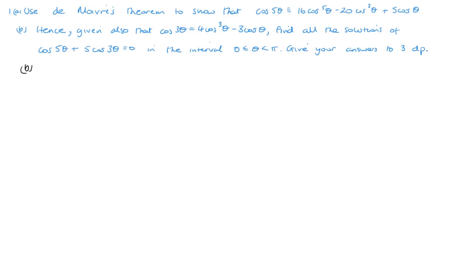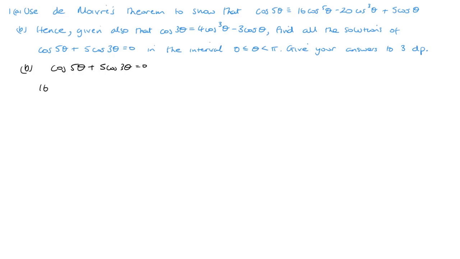So part B says, hence, given that also cos 3 theta is that, find all the solutions of cos 5 theta plus 5 cos 3 theta equals 0.